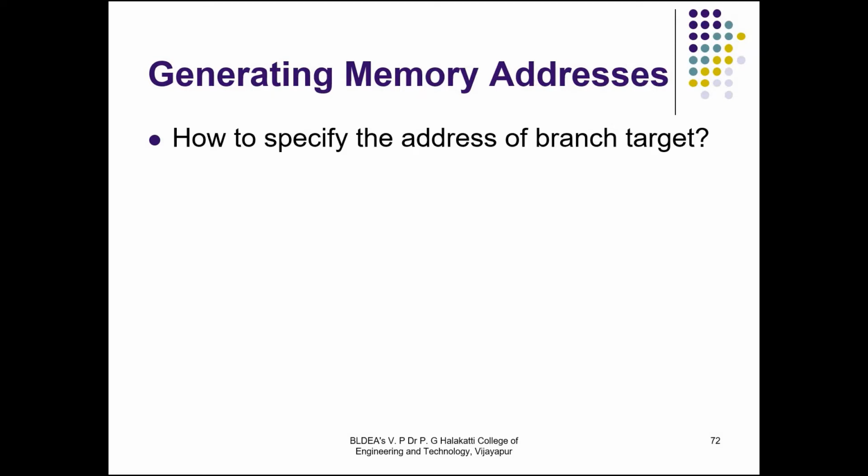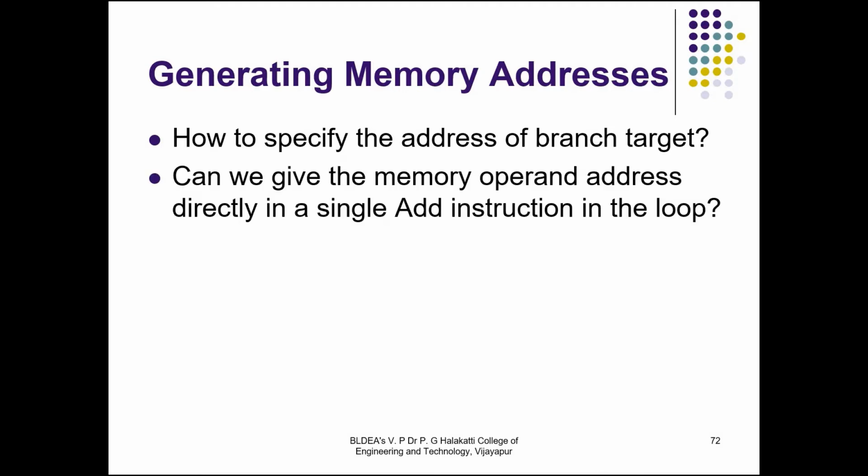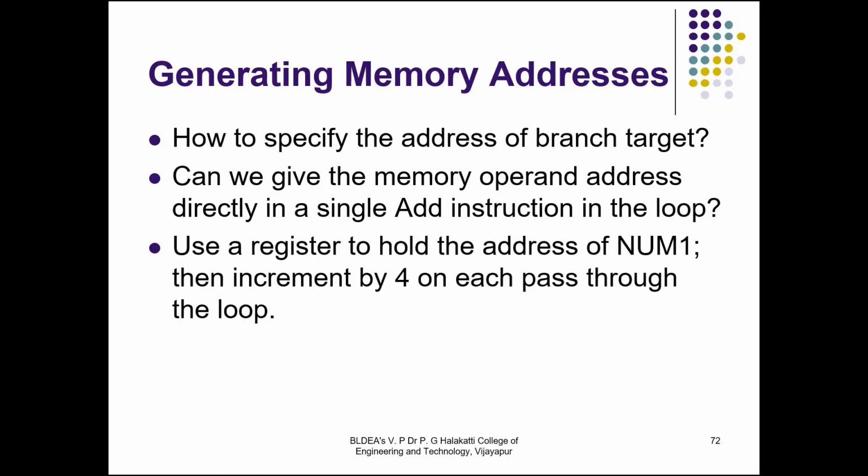Since we have already gone through branching, the question comes to mind: how to specify the address of the branch target, and can we give the memory operand address directly in a single add instruction in the loop, or can we use a register to hold the address of num1 and then increment it by 4 on each pass through the loop? These are some of the questions which will arise when we are dealing with programs.